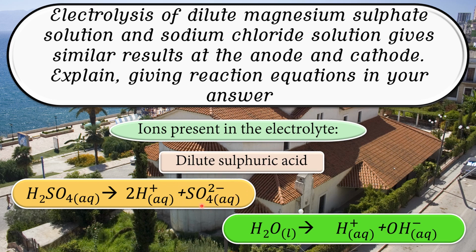But we are saying that it also contains water. And this water will give us the hydrogen ions and also the hydroxide ions. So here we have the hydrogen ions produced from sulfuric acid and also hydrogen ions from water. And then we have the hydroxide ions from water and the sulfate ions coming from sulfuric acid. Those are the ions present in our dilute sulfuric acid electrolyte.